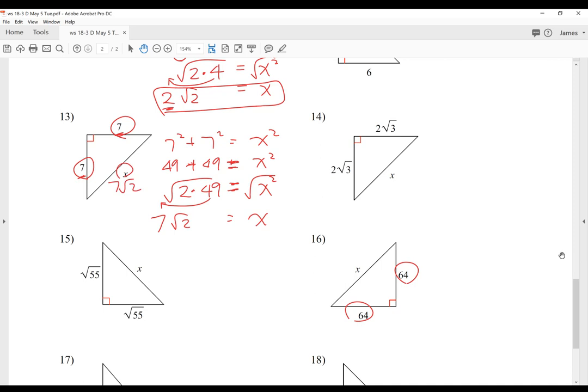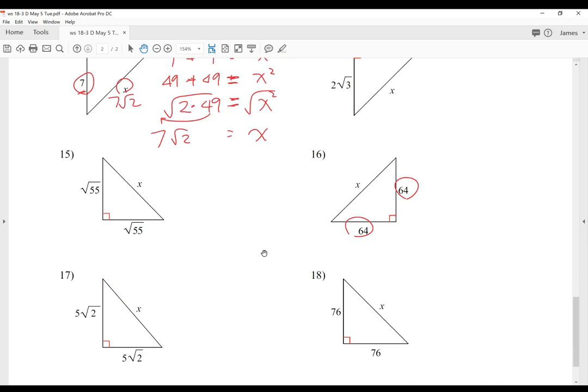Okay, well, what if you have weird numbers like, number 15, square root of 55? It doesn't matter. Square root of 55, that's what we have. Square root of 55, another one, squared, equals x squared.